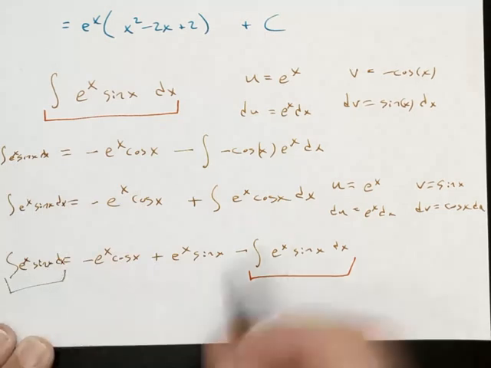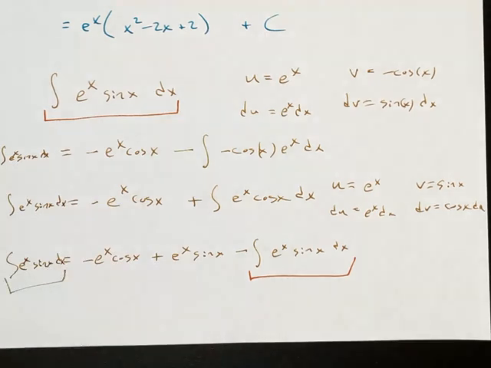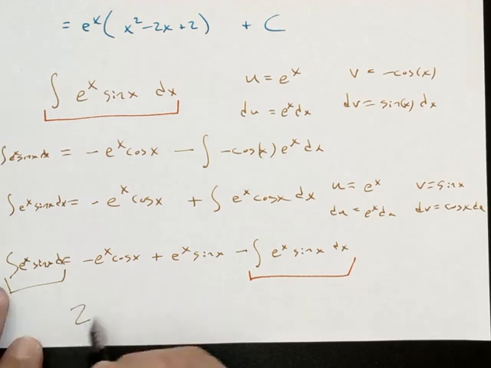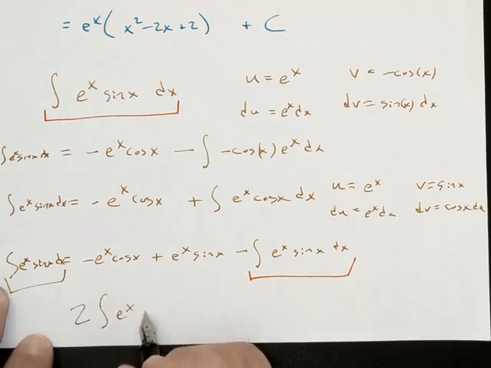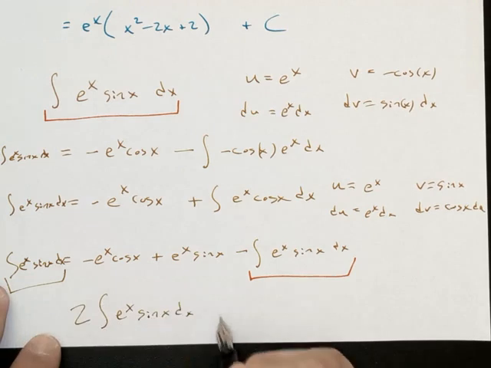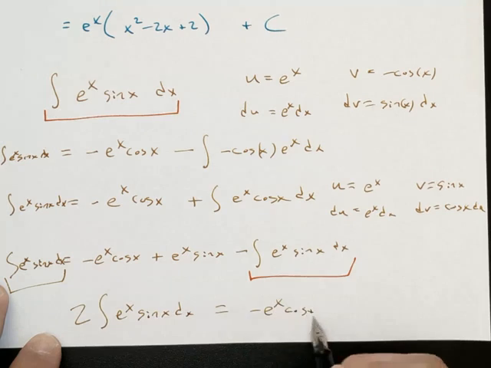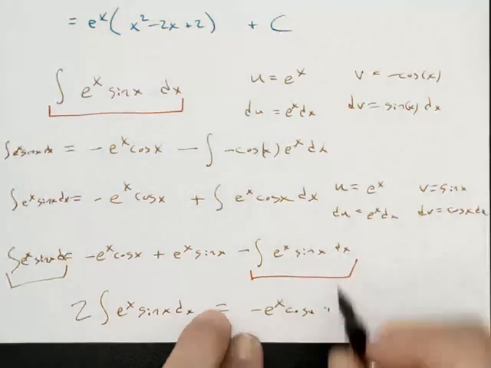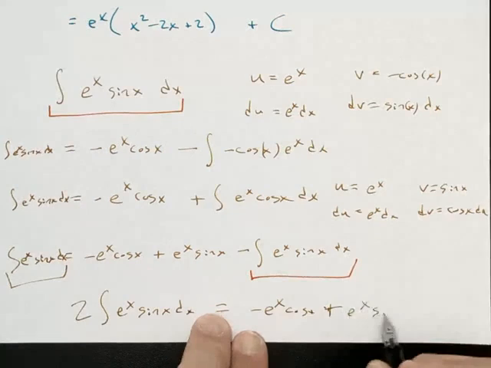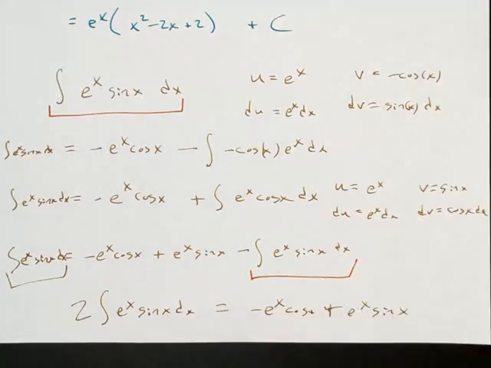So I have that thing, and then I have minus that thing over there. Let's put them both on the same side. I get twice the integral e to the x sine x dx is equal to minus e to the x cosine x plus e to the x sine x, which means all I have to do is divide by 2.